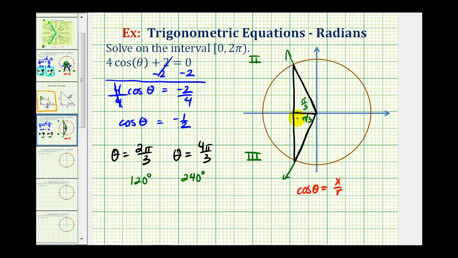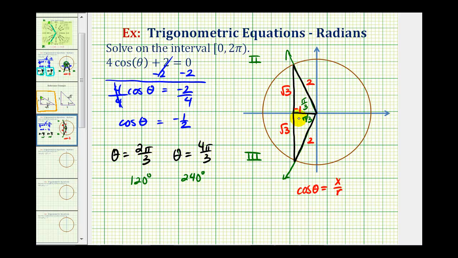Because these are 30, 60, 90 right triangles, we can label the short legs 1, the hypotenuse 2, and the longer legs square root 3. But we also have to check the signs of the legs based upon the quadrants. In quadrant 2, where the x-coordinate is negative and the y-coordinate is positive, this 1 must be negative.